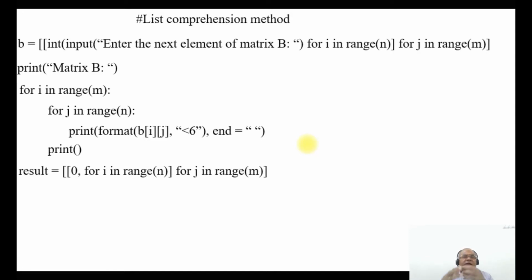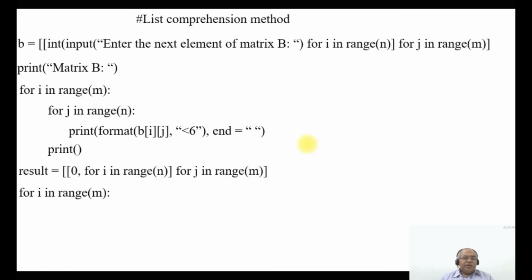Once we enter the matrices of both A and B, what will be the result? The result will be created with a 0 list, wherein 0 for i in range n and for j in range m. Here again it enters with the column and then the row. This is by the list comprehension method.